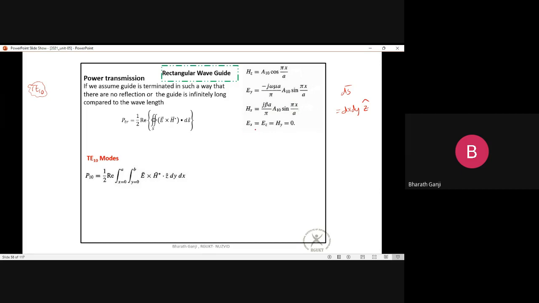So TE10 mode కి there is no x component of the electric field, there is only the y component, and there is z and x components of the magnetic field. So your electric field vector is like Ey times e power minus j beta z y cap, and your magnetic field is like Hx into e power minus j beta z x cap, plus Hz times e power minus j beta z times z cap.